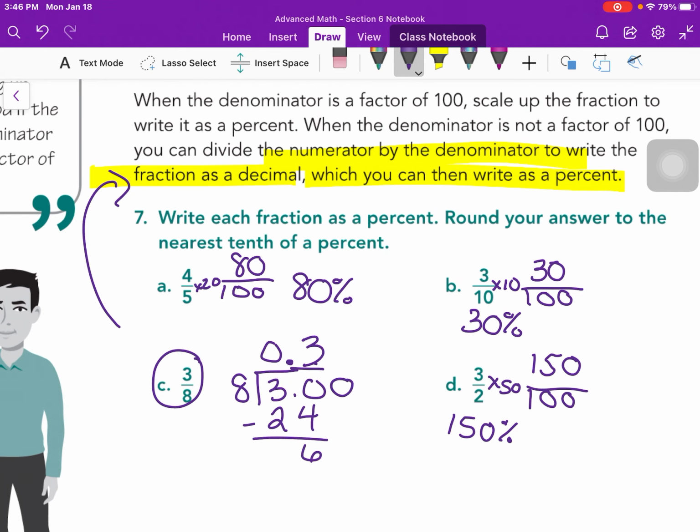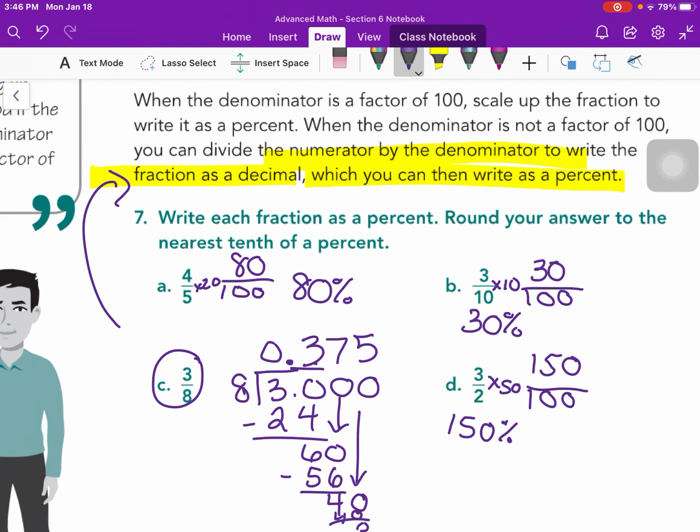Subtract and you get 6. I can always add a 0 to bring down. 8 can go into 60 7 times, and 7 times 8 is 56. Subtract and I get 4. Let's bring down one more 0, and 8 can go into 40 5 times. And finally I get to 0.